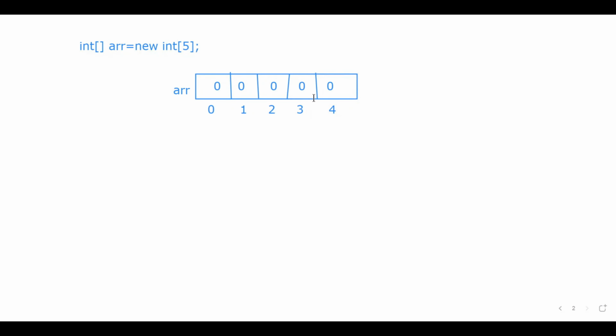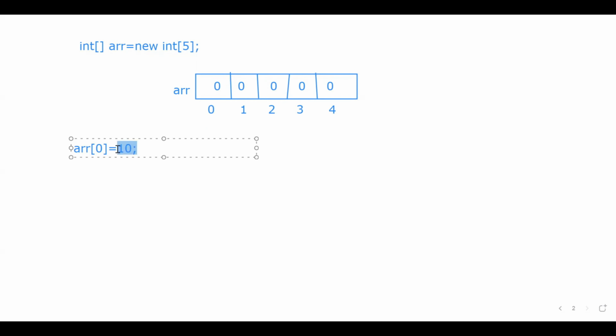Once you declare an array like this, the data will be formatted and it will be created in memory. Once this is ready, how do we store our own data in an array, and how do we retrieve it? It is very simple, guys. If you want to store the value 10 at index 0, you just write ARR, square braces, mention the index value, and assign the value 10.